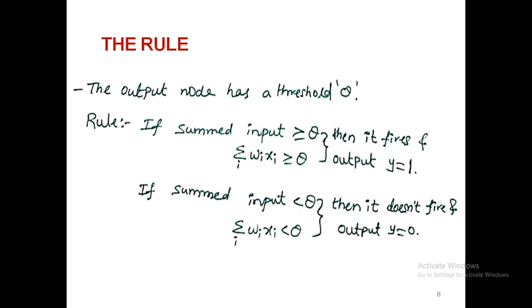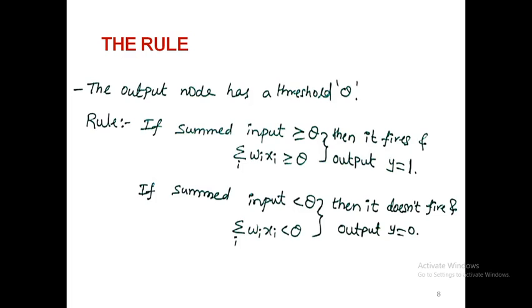See here, what is the rule we are following to fire the corresponding output neurons? There are 3 output neurons, right? So what is the rule we are following? The output node has a threshold, some theta. The threshold value theta may be 0, may be 2, may be 5, may be minus 5, anything.